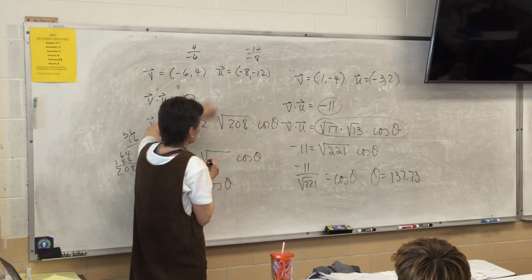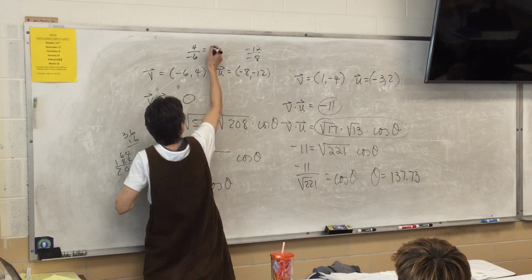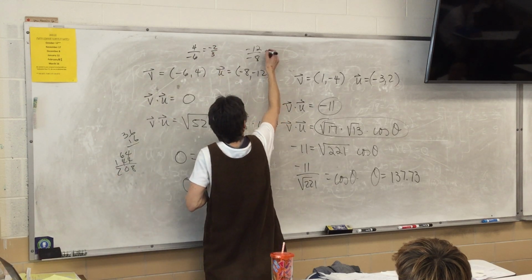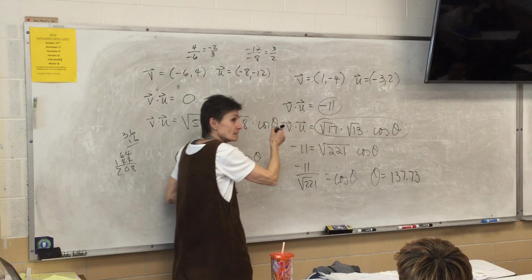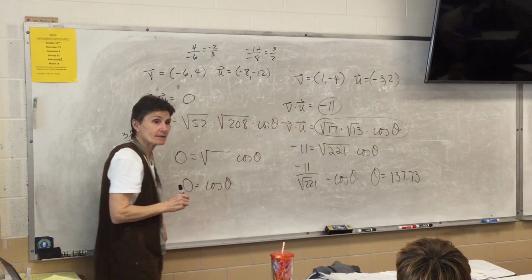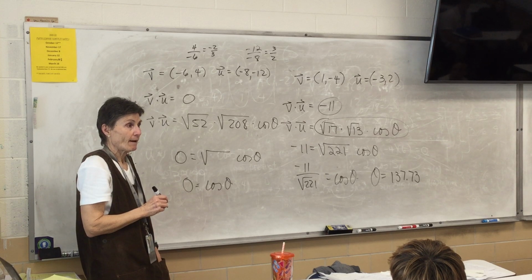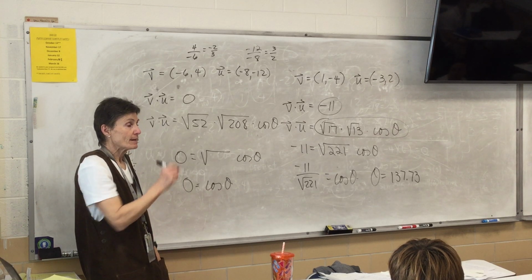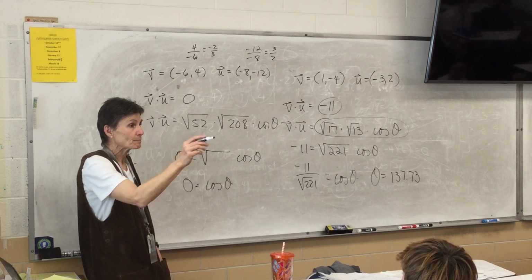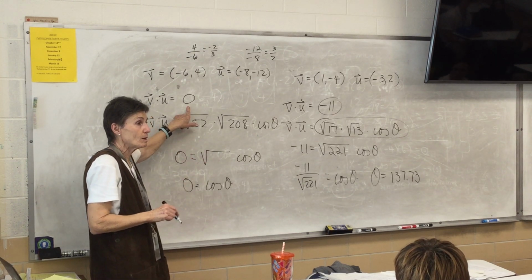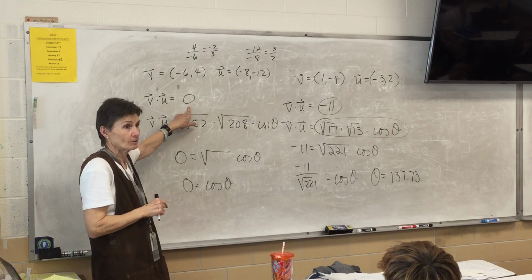Now, if I simplify those, this one is negative 2/3, and this one is 3/2. Does it make sense that they're perpendicular to each other? Yeah. And anytime the dot product is 0, those vectors are perpendicular to each other.